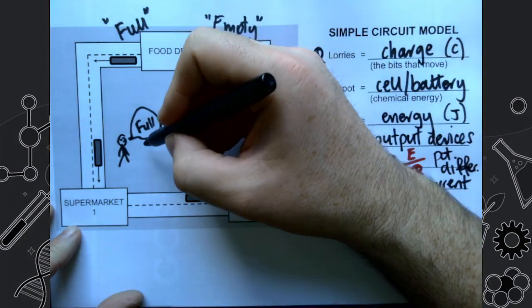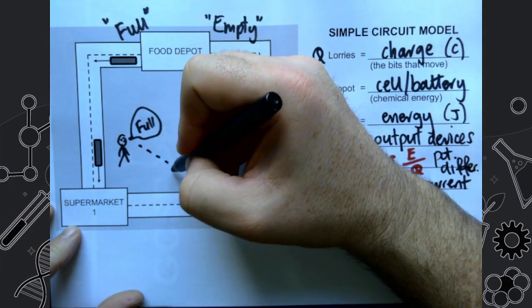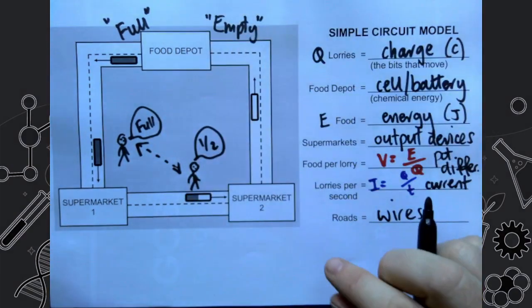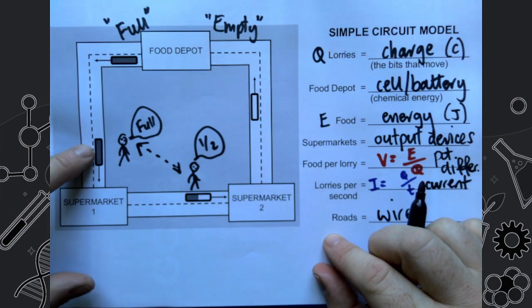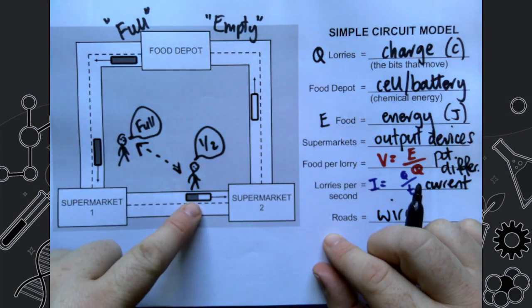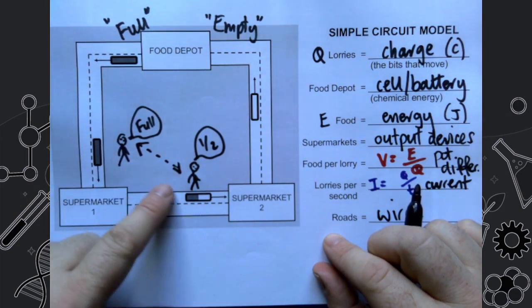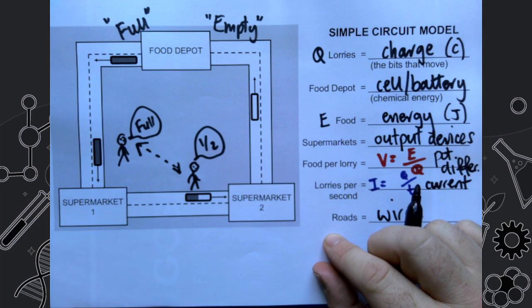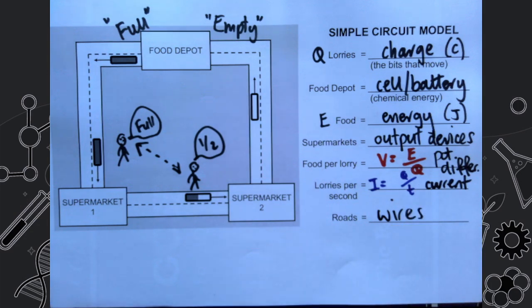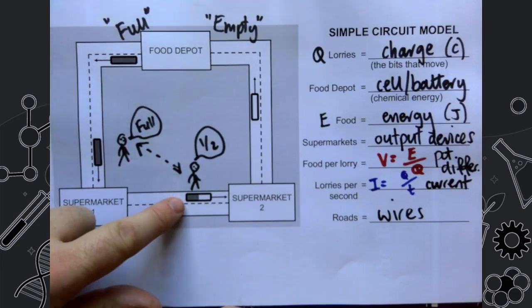And between them, they agree that the lorries that were full here and now half full there must have lost half the food in the supermarket. And so to indicate the potential difference that is dropped, or the energy used per coulomb in an output device, we need two people or two positions, the before and the after.